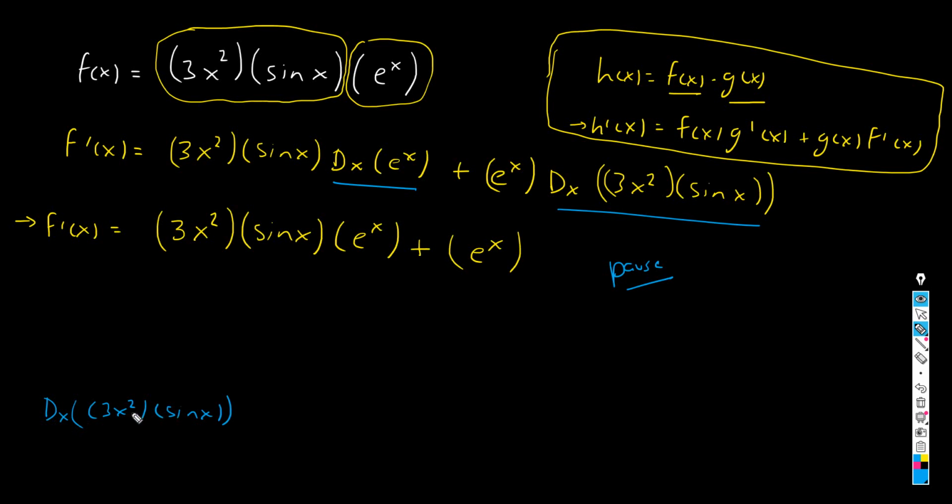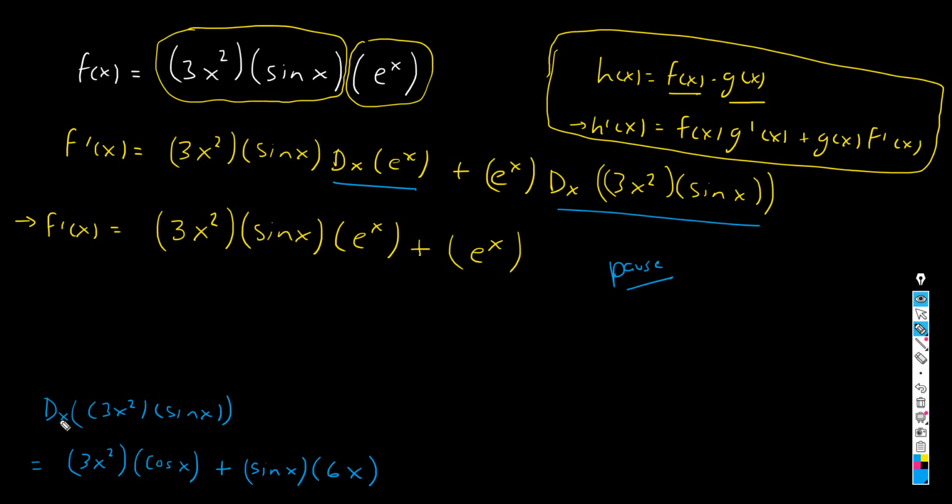The derivative of this product is going to be equal to the first function times the derivative of my second function, which is this, and I'm gonna do it directly. The derivative of sine of x is cosine of x, plus my second function times the derivative of the first function, which is going to be 6x.